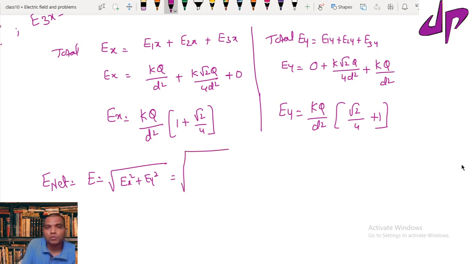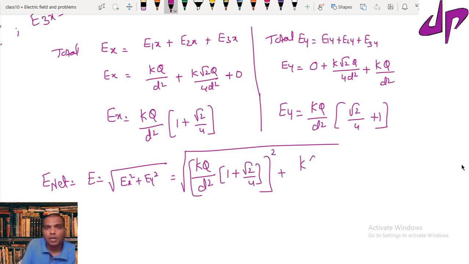If you substitute these Ex and Ey values, kq by d square of (1 plus root 2 by 4) whole square plus kq by d square of (root 2 by 4 plus 1) whole square.